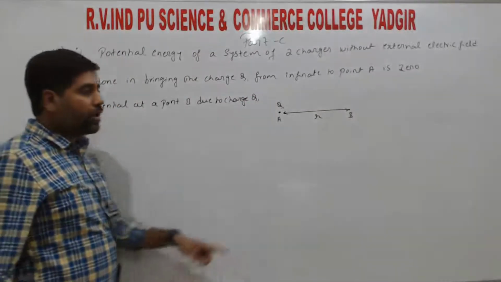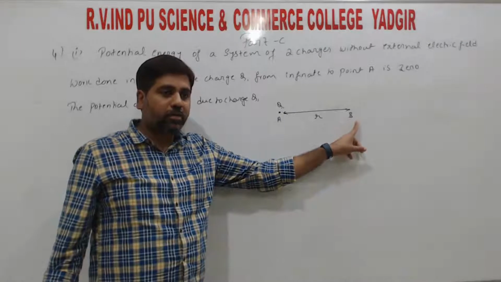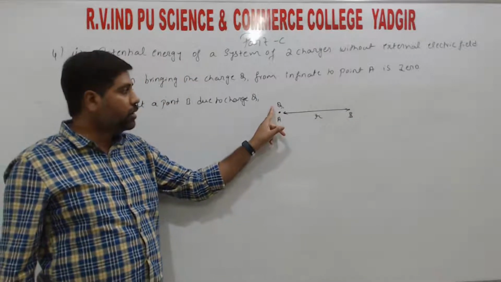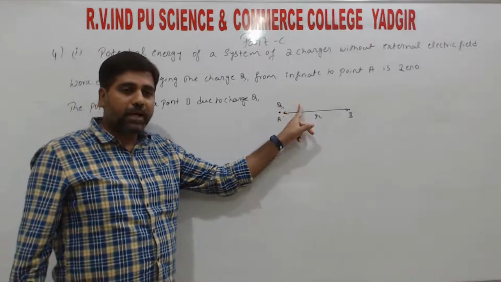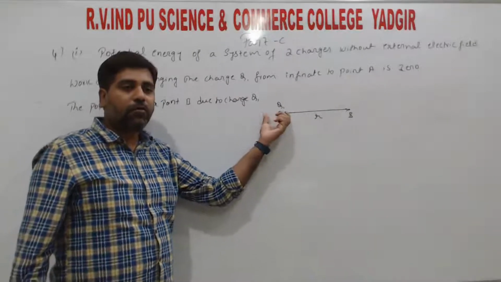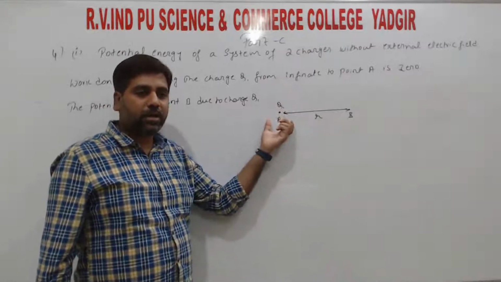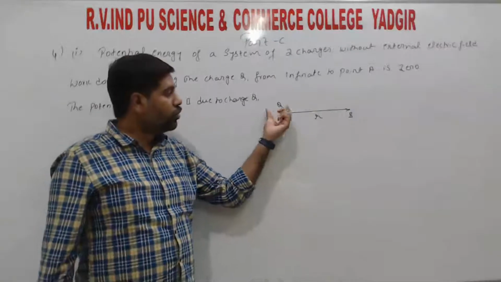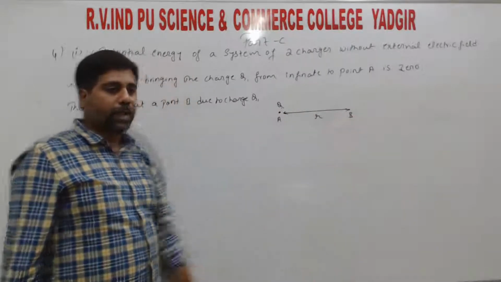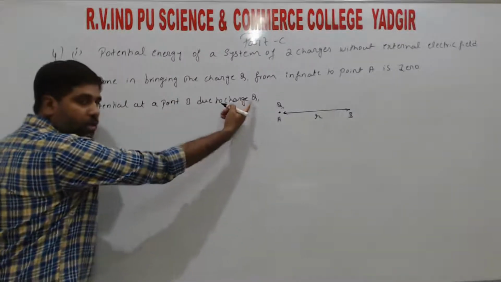Electric field means the electric field lines coming out from the charge. If there is a charge, there is an electric field in the surrounding space. Due to that electric field we find the potential at point B due to charge Q1.